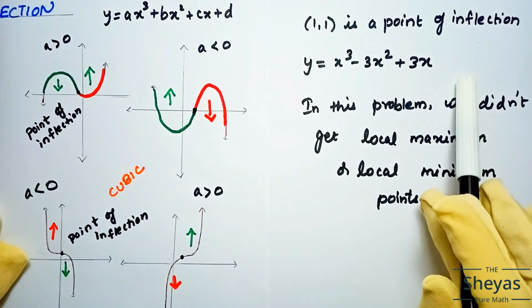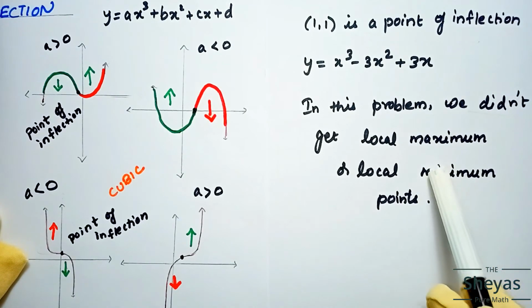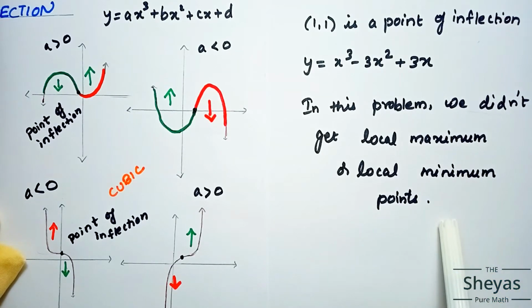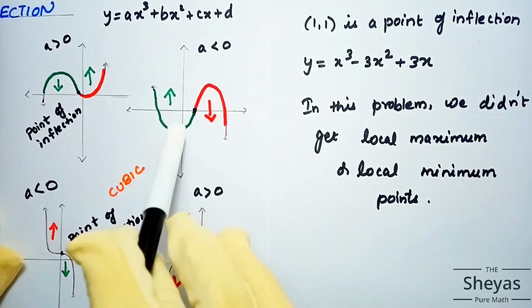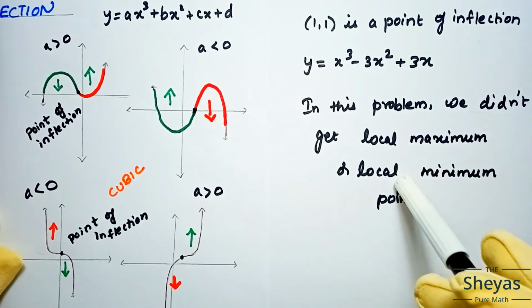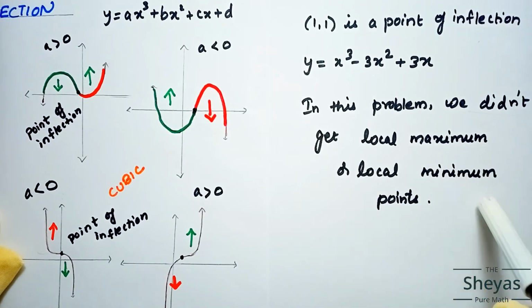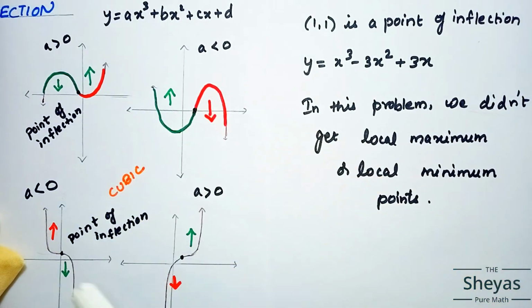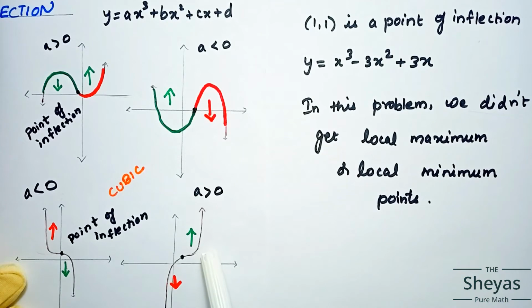In our problem, we didn't get local maximum or local minimum points, but these 2 graphs are with local minimum and local maximum points. So these 2 graphs won't come. The possibilities are these 2.